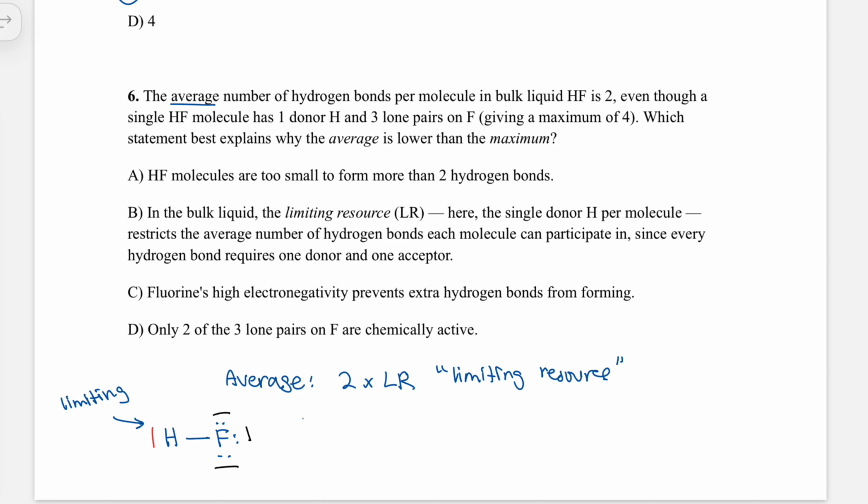But then, for example, with water, we would have 2 donors and also 2 acceptors. So the minimum is 2. So then the limiting resource, or the LR, is going to be 2. That's basically how you find the limiting resource. And then you multiply by 2 because each bond involves 2 molecules.